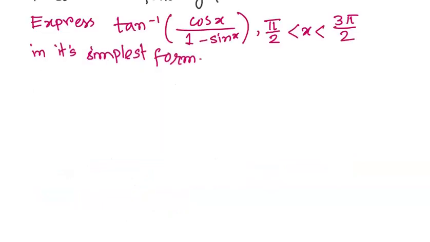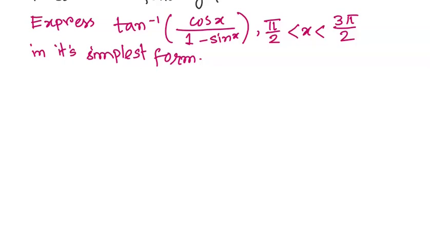So we will start with the domain and range of tan inverse x. Now we know that tan inverse x is the inverse function of tan x. So in order to find the domain and range of tan inverse x, first we will find the domain and range of tan x. Why?